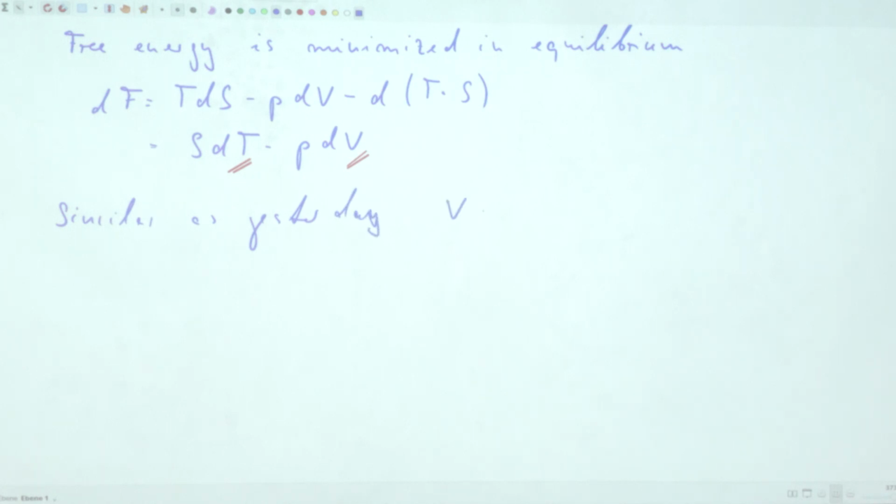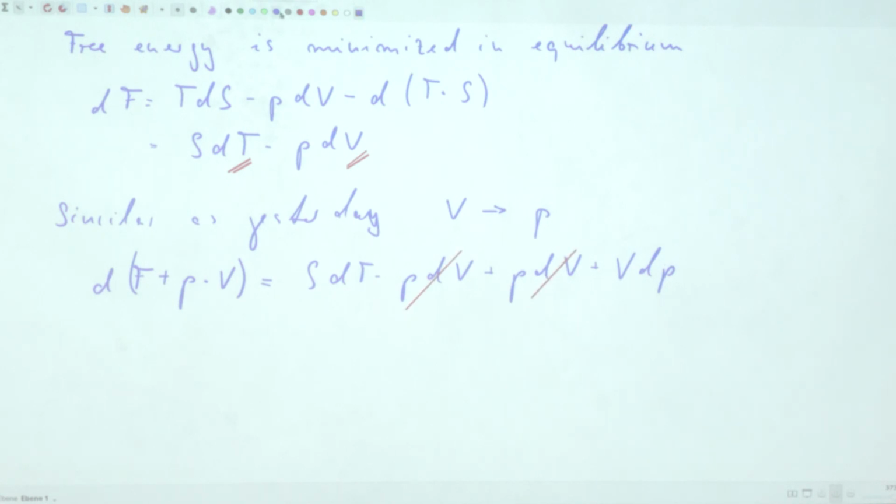If I want to replace volume as a free variable with pressure, I have to add P times V. So this equals minus S dT minus P dV plus P dV plus V dP.